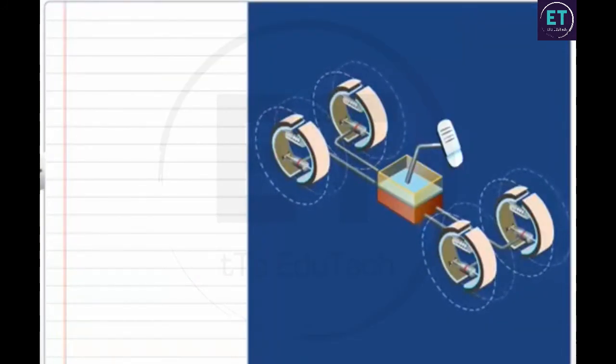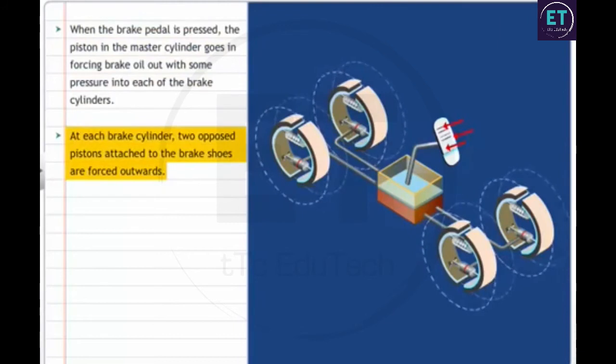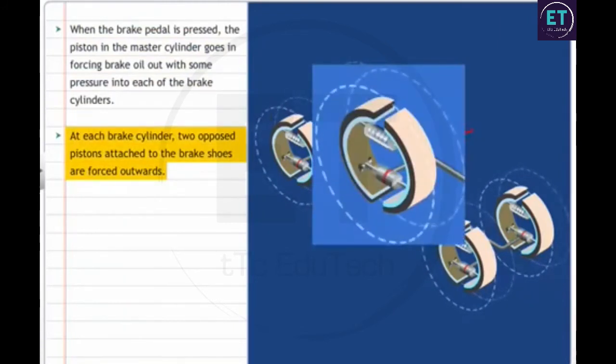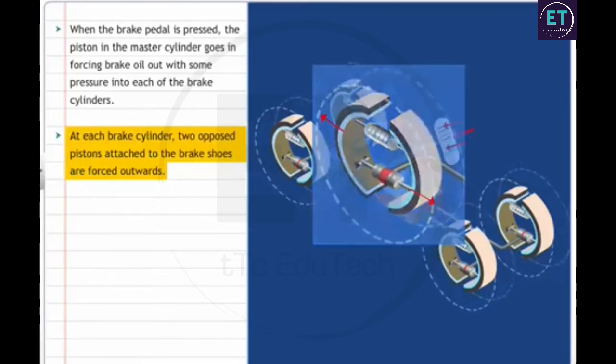Now let's see how this arrangement of hydraulic brakes works to enable a driver to stop a car when driving. When the brake pedal is pressed, the piston in the master cylinder goes in, forcing brake oil out with some pressure into each of the brake cylinders. At each brake cylinder, two opposed pistons attached to brake shoes are forced outwards.